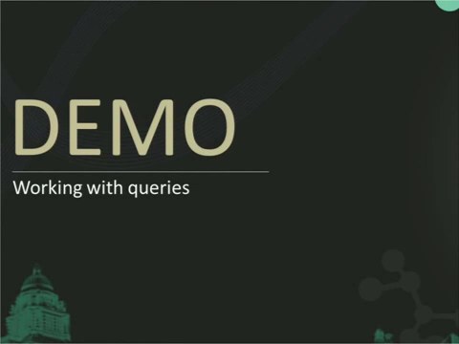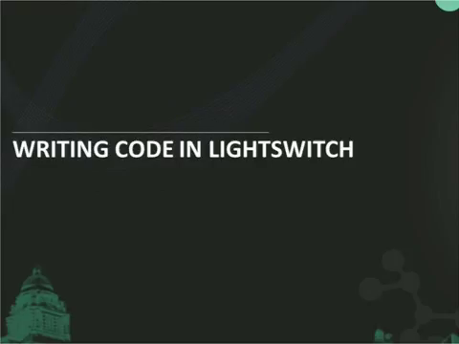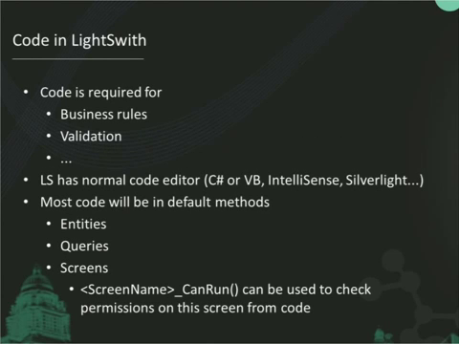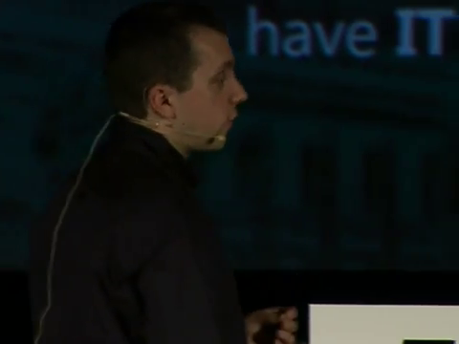The next thing I want to show you is a bit more about writing code in LightSwitch. What I hope you've already seen is that we can write code in LightSwitch, and for real applications, I assume you will really have to. But most of the code is going to be written in partially generated methods for you. LightSwitch generates many methods automatically for screens, for queries, and for data.